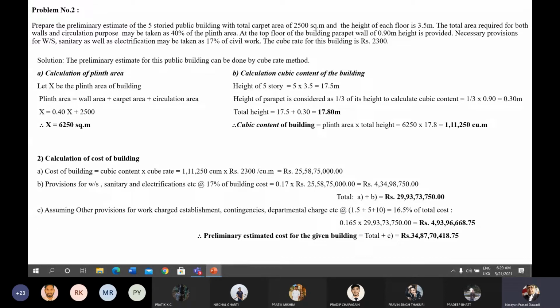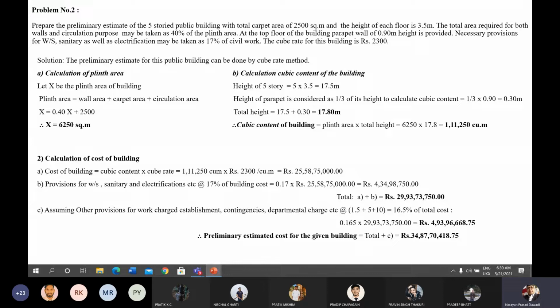After calculation of the cubic content of the building, we can find the cost of the building by using the cube rate method. Cost of building is equal to cubic content of the building into cube rate, provided that cubic content is 1,11,250 and the cubic content rate is rupees 2300, which gives the value of 25 crore 58 lakh 75,000 rupees.